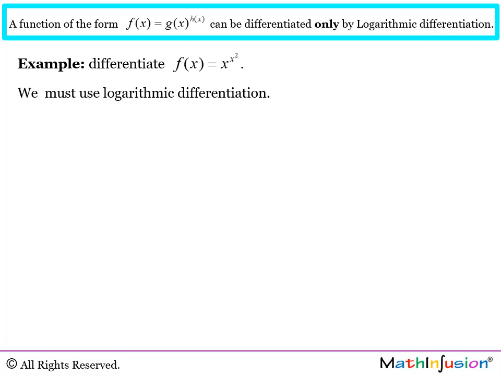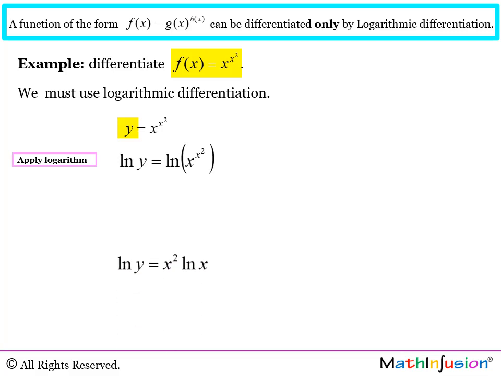So let's differentiate that. First, we are going to replace f(x) by y. Now we are going to apply logarithm. And here's the whole idea. Instead of getting this terrible function, look what we have here. We get that ln of y equals x to the power of 2 times ln of x. It means that we can differentiate this very easily.